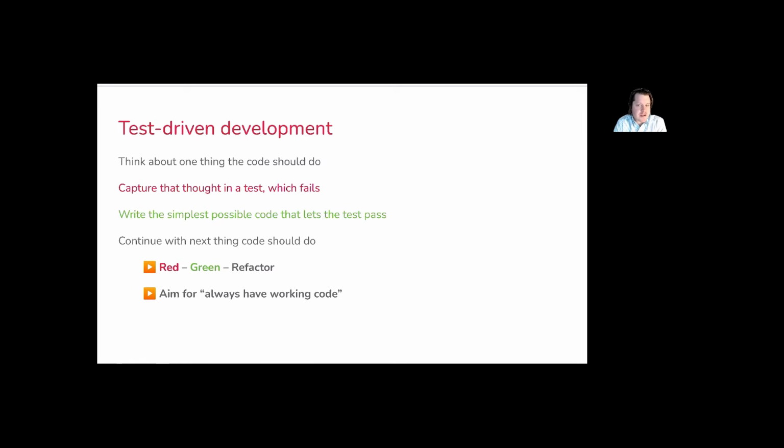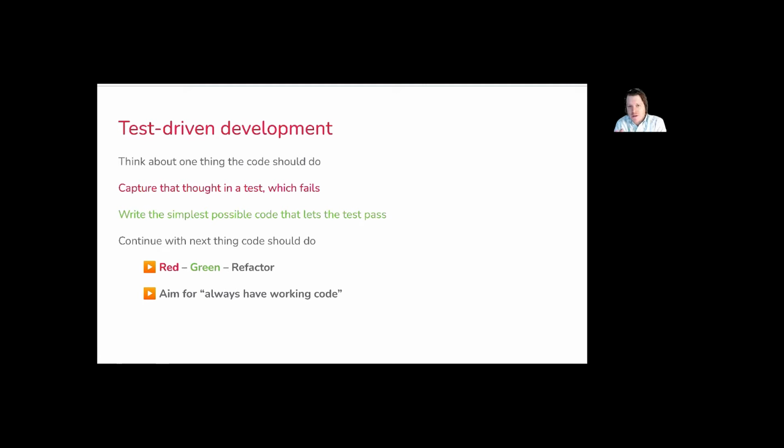We'll go ahead and execute our test suite, and we'll see that that test will obviously fail. We haven't written any code that would cause it to pass otherwise. So then we're going to jump back over to the source code, and we'll write the simplest possible code that allows that test case to pass.